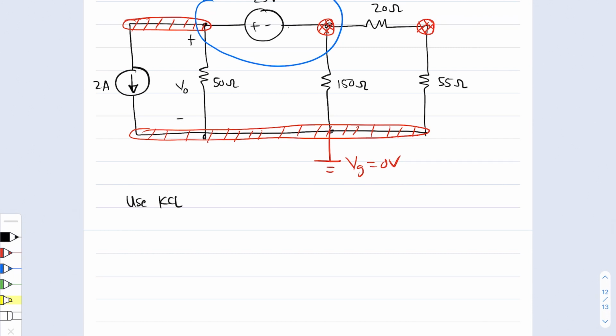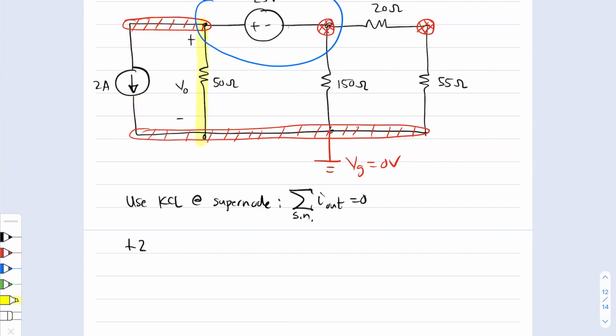But I can now use KCL at the supernode, and the sum of the currents flowing out of this supernode must add up to 0. So out of the supernode, we have this current flowing out, so we have plus 2 amps.